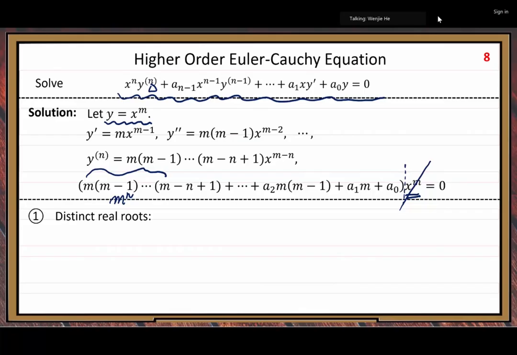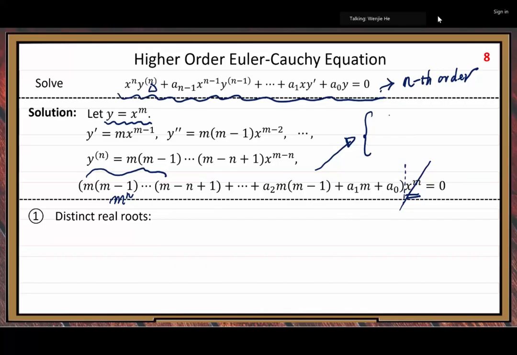For a derivative equation, what we say is nth order ODE, things like that. But this is an algebraic equation, a polynomial, so it's not an ODE. So when you use order and degree, you should notice the difference.